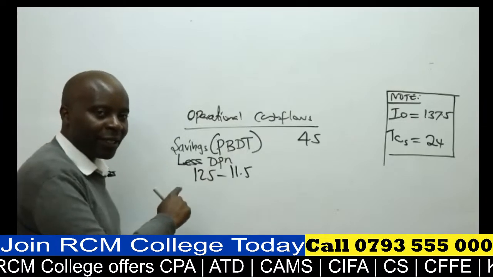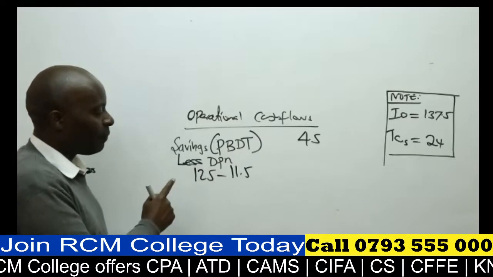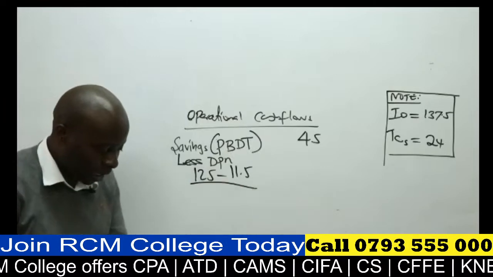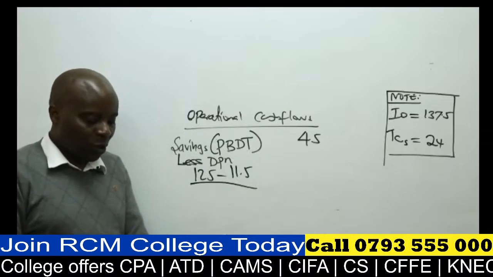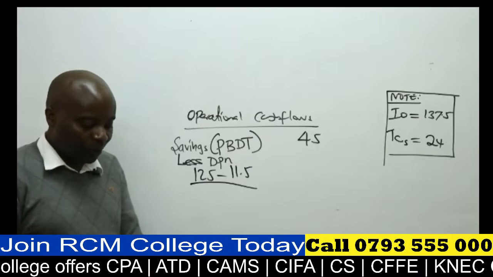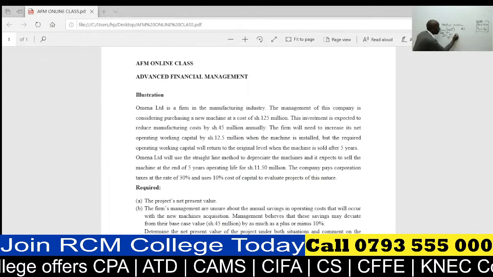When I'm writing, students should be able to see this. So we have here 125 minus 11.5. Divide this by the number of years. We are talking of after 5 years. The machine has got 5 years. So divide by 5.